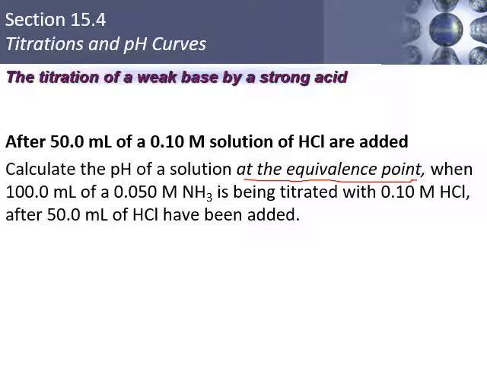So we started off with 0.05 moles of NH3. We've already mentioned this before, 0.05 moles of NH3, right? So if we're at the equivalence point, that means that we've added 0.005 moles of the acid.